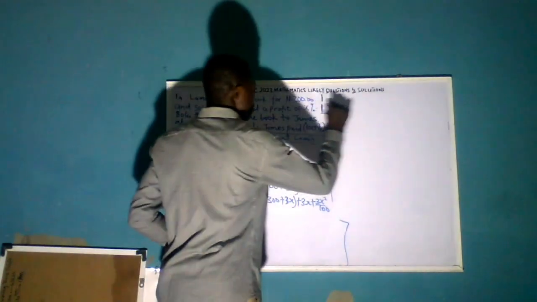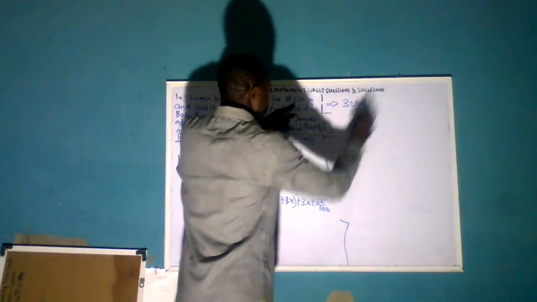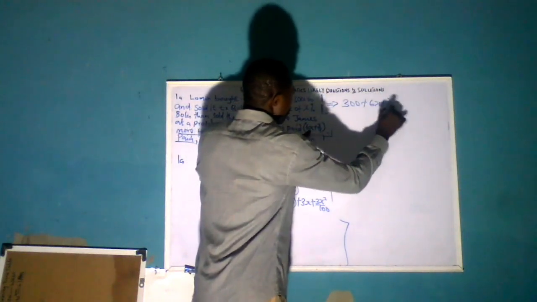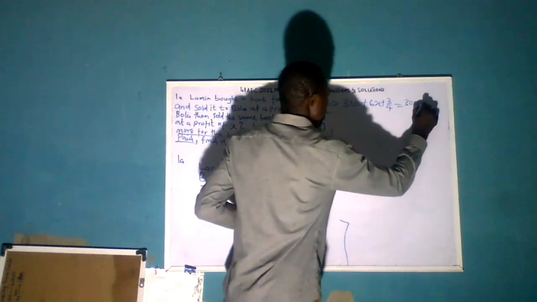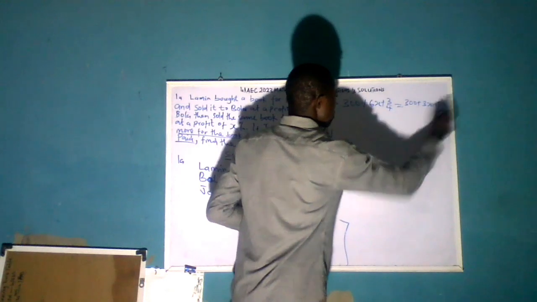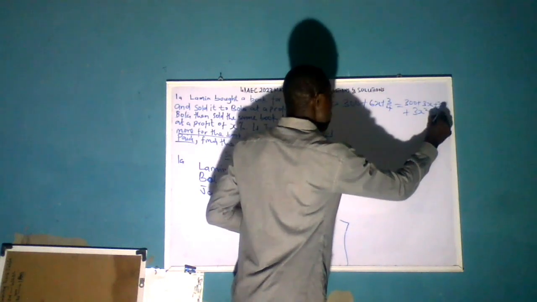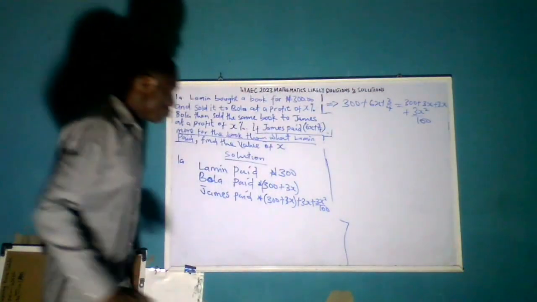It just means that the amount paid by Lamid for the same book plus (6x + 3)/4, as it is stated in the question, will give you the exact amount paid by James, which is 300 plus 3x plus 3x plus 3x squared all over 100.